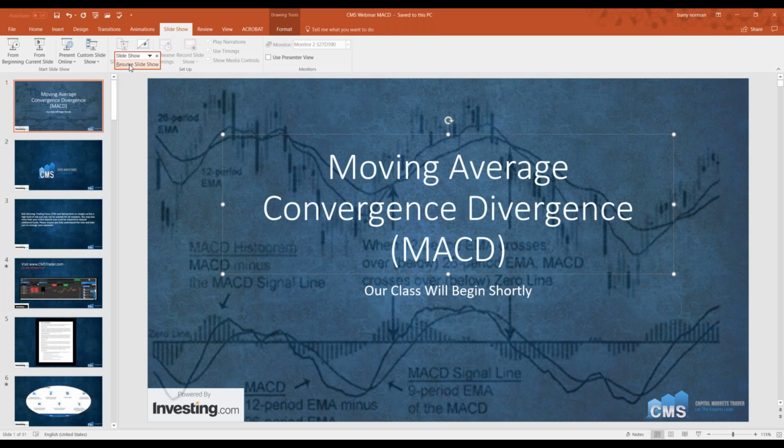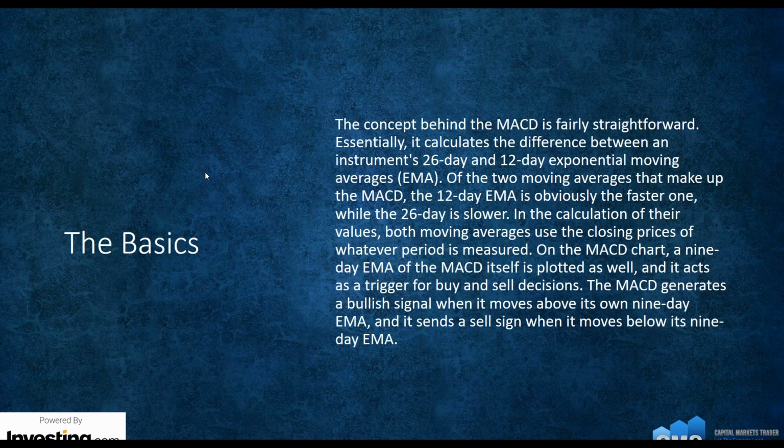So now we have the 12 and the 26. In their calculation of their values, both moving averages use the closing price of whatever period is measured. On the MACD chart, a 9-day EMA of the MACD itself is plotted, as well as it acts as a trigger to buy and sell decisions.